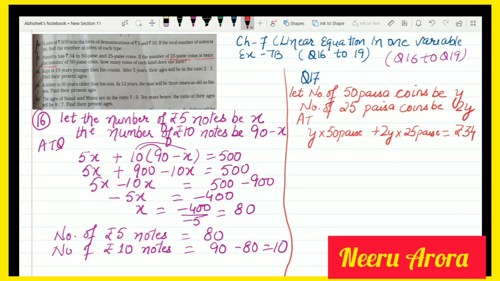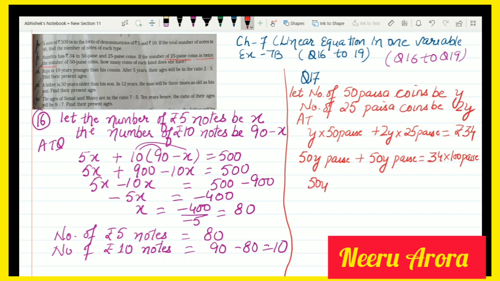Now we can see that the units are not the same. On the left hand side we have paisas, on the right hand side we have rupees. So we will convert the right hand side also to paisas. 34 rupees is equal to 34 into 100 paisas, as 1 rupee is equal to 100 paisa.